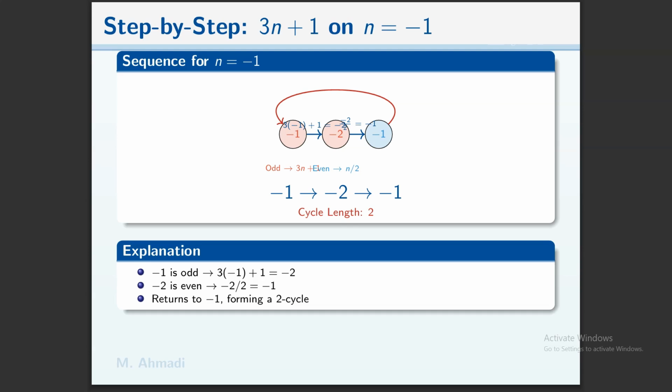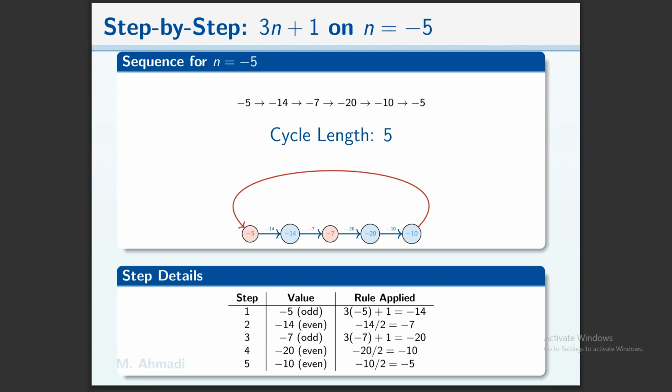Then again we enter -1, and -1 is odd. So we come back to -1, forming a cycle. Here also we can see the cycle: -1, -2, -1, and then -2 again.